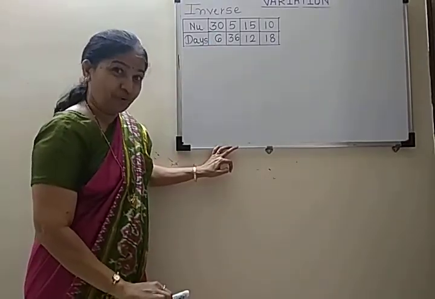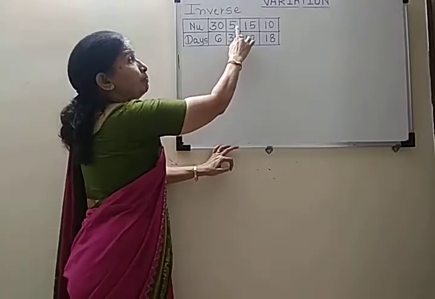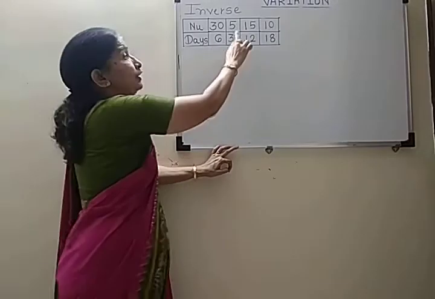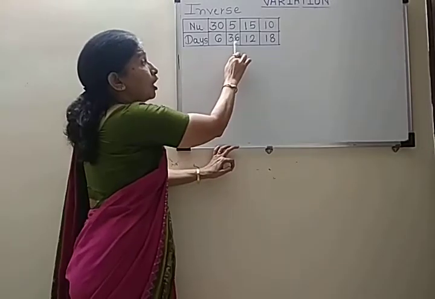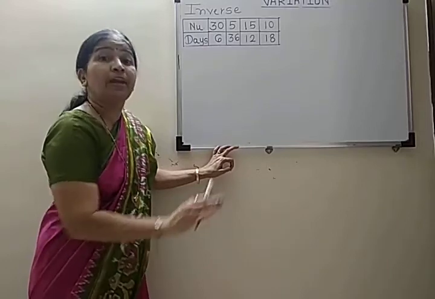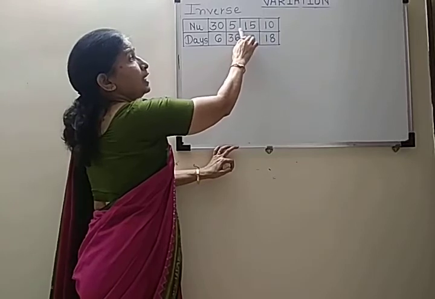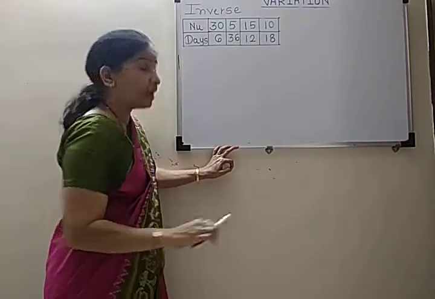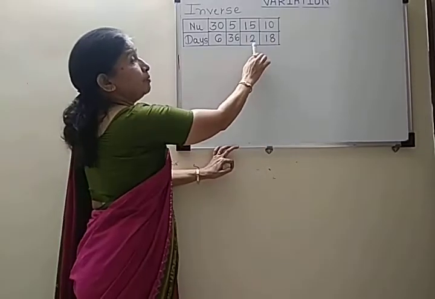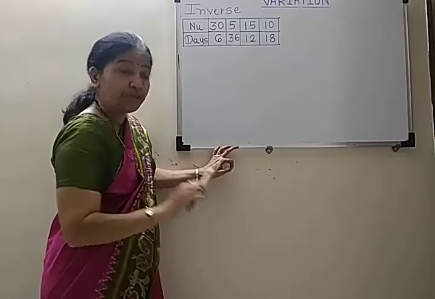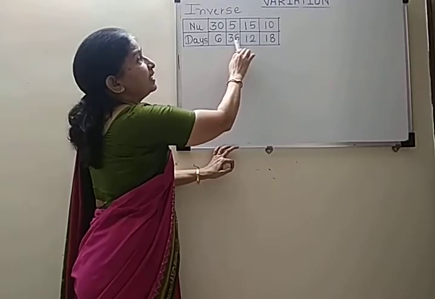But if we decrease the number of workers, the number of days to complete the work increases. Next, if we again increase the number of workers, the number of days to complete the work decreases.